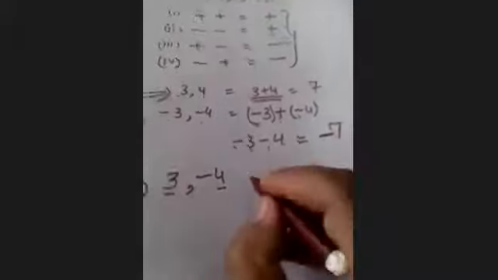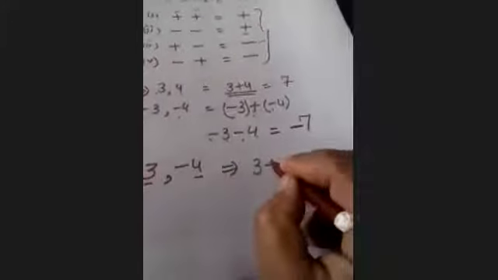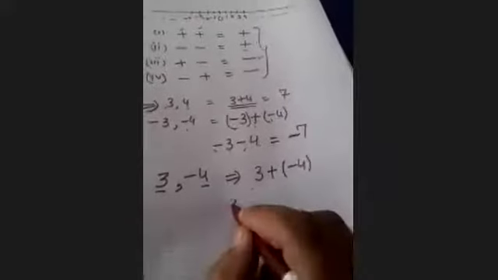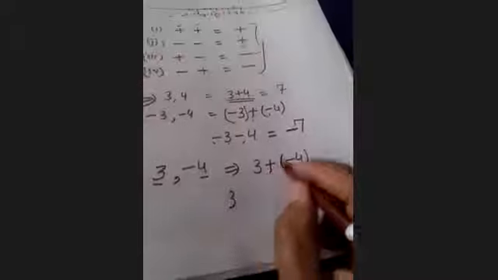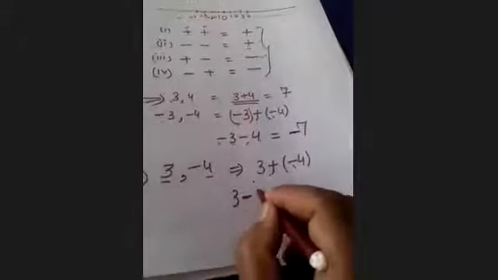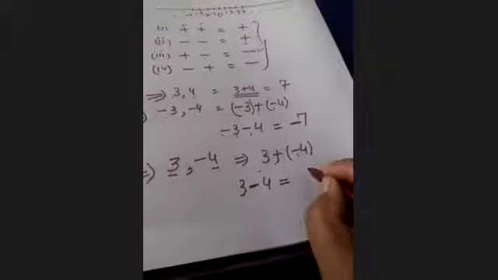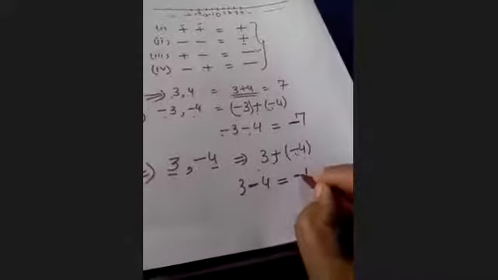Now add these integers, right? 3 plus minus 4. Plus minus minus. So write here minus 4. Now 3 minus 4 is 1, and the sign is negative.